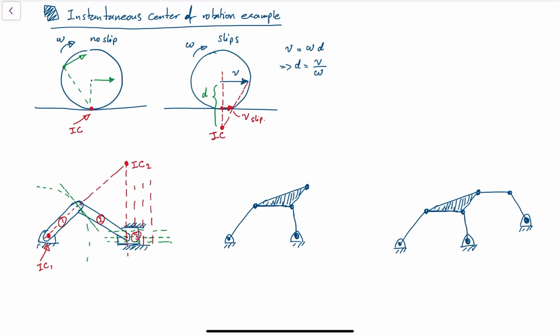In other words, the IC of 3 is somewhere at infinity. So it is rotating about a point that is infinitely far, and because it's infinitely far, we really don't see the rotation. We only see the translation of it. You can think of it that way.